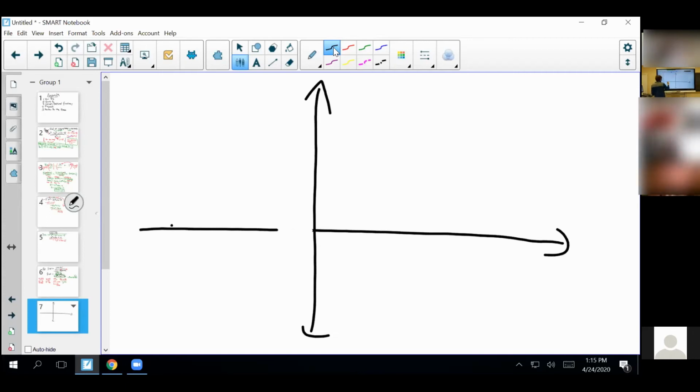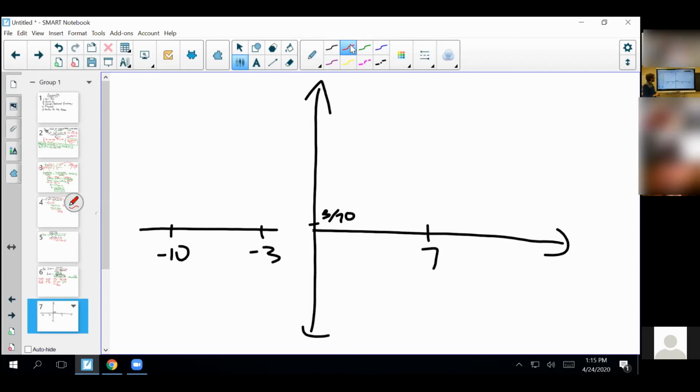We've got -10 way over here. We've got -3 here. We've got 7 over here. Now the y-intercept is very tiny, but I'm going to put it there maybe.